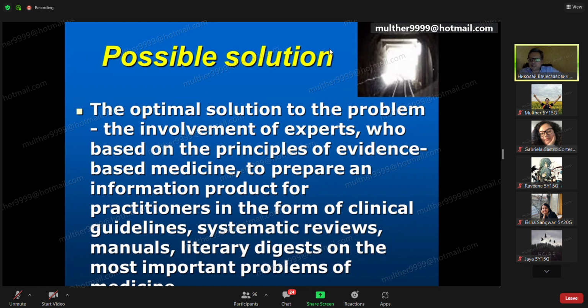These recommendations usually have a very high level of evidence, so they can be the most reliable for achieving positive therapeutic, diagnostic or prophylactic results for your patients in your future practice.